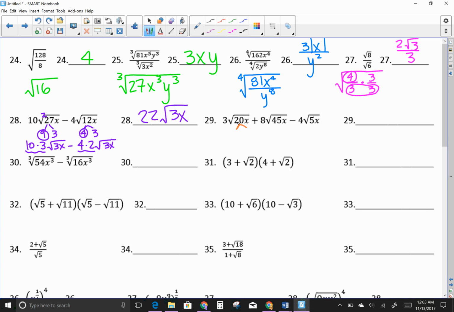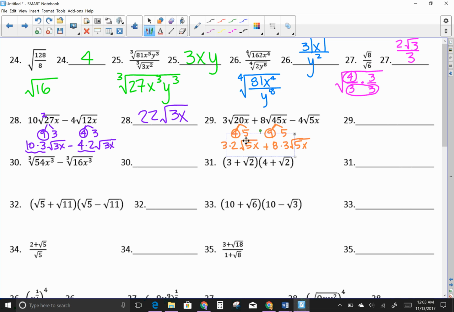All right, 20 is going to be 4 times 5. 45 is going to be 9 times 5, and that one's just 5. So this becomes 3 times 2 square roots of 5x plus 8 times 3 square roots of 5x.